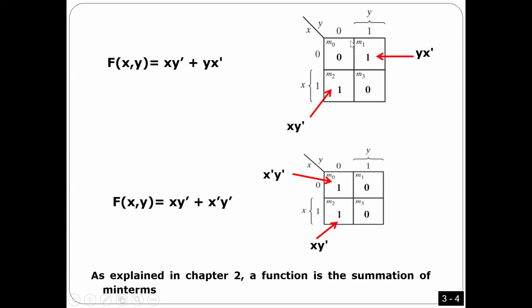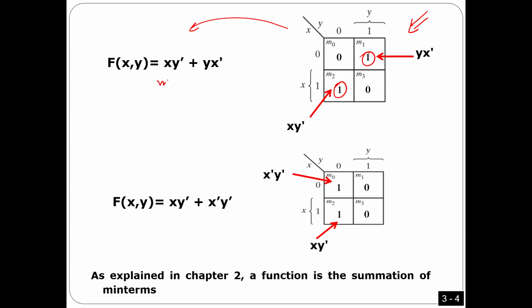So here, if I give you a map this way, and even if I ask you to write the function of this map without simplification, I didn't talk about simplification yet. You can say I can see in this map we have 2 ones here. It should be min terms. So if I just give you the map and ask you to write the function, okay?